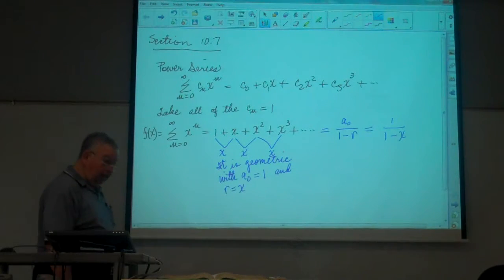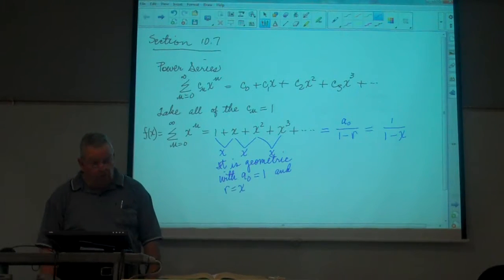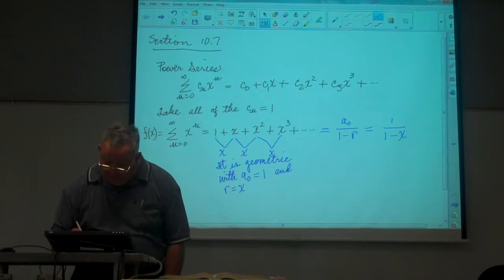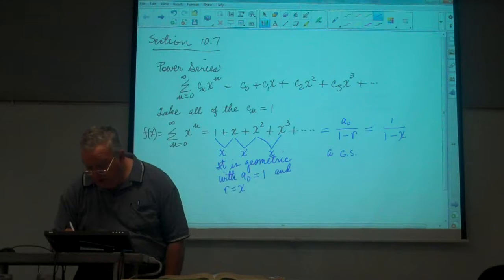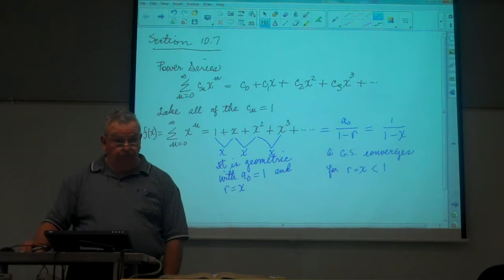If you don't remember the test, you might ought to work on remembering that test between now and the test. But in this test, a geometric series converges for r, in our case equal to x, with absolute value less than 1. Right? Is that true?